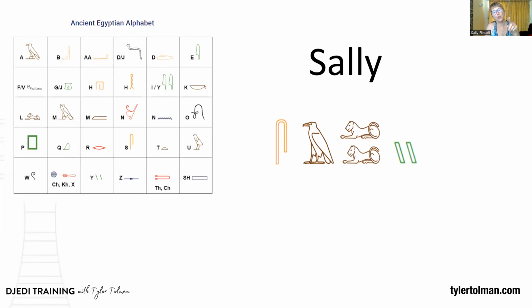Now I'm going to talk you through how this meaning relates to me personally. So I really resonate with the action and authority of the meaning of the S. I am a person who takes action. When I'm motivated and I want something to happen, I will take action and I will make that happen.